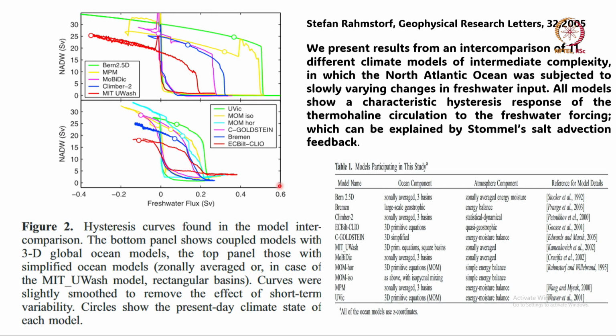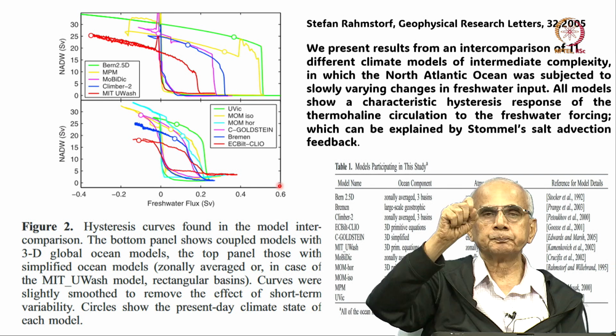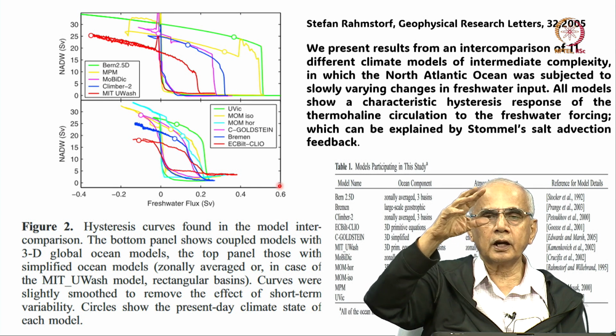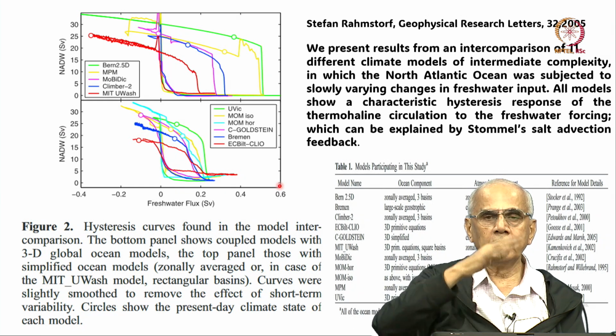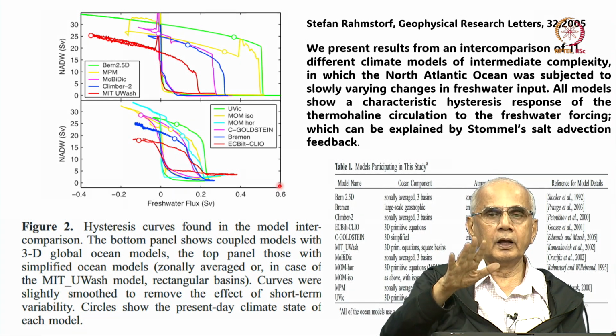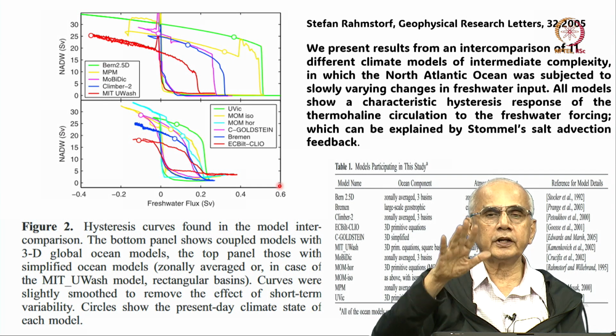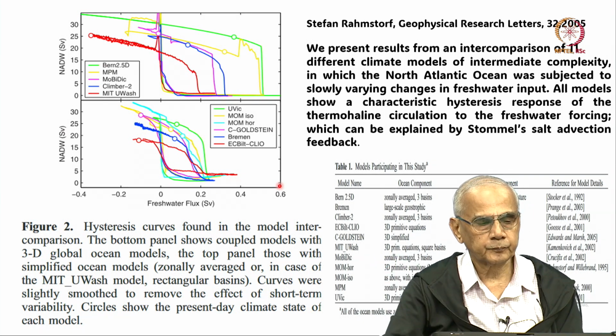This is one of the concerns which were discussed at great depth before the Paris Agreement among nations, because these model simulations showed that due to the increase in carbon dioxide, if the global mean temperature went above 2 degrees centigrade, then there is a chance that this Atlantic meridional ocean circulation will come to a stop. And if that happens, there will be very serious consequences to the global climate.